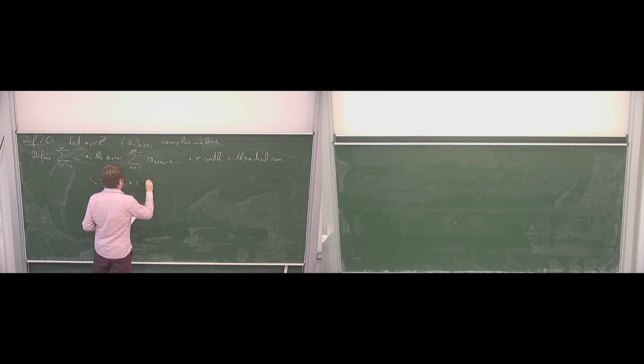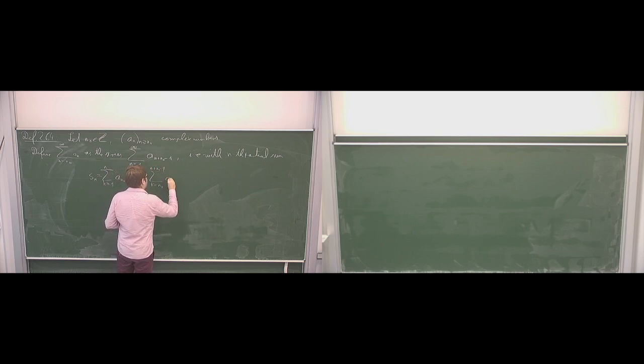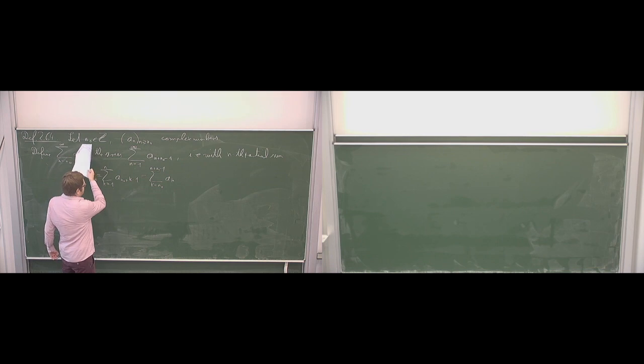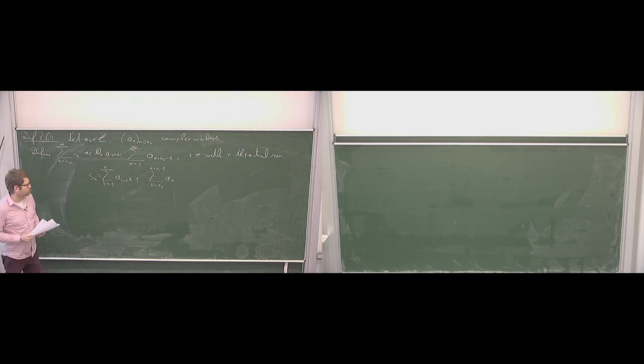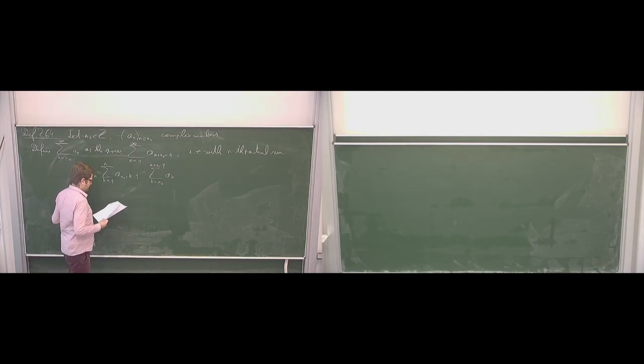And if we shift the indices back, since it's a finite sum, there's no problem modifying the indices. This means we go from k equal to n0 up to n plus n0 minus 1 of a_k. So we just consider this n0 element as the first one, and then do it the same way as if it was a sequence starting from 1. Basically, we just relabel the indices.